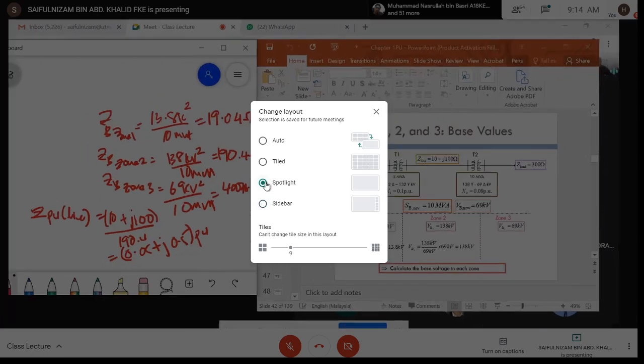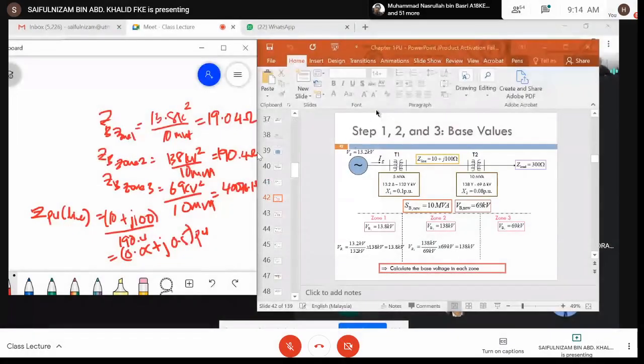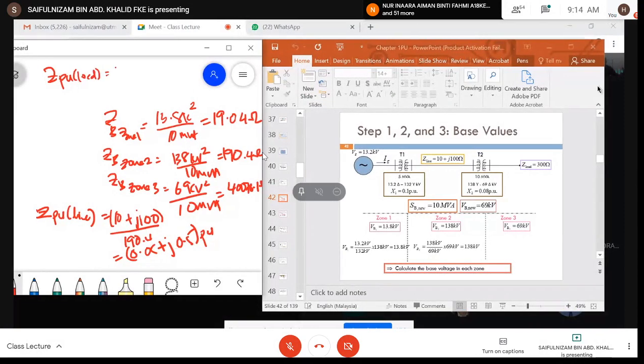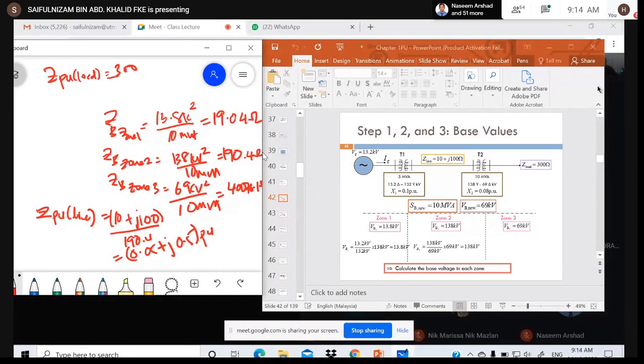Okay, now what is the Z per unit for the load? The actual value 300 divided by what is the Z base at zone 3? Since the load is connected at zone 3, this is 400 over 76.1.